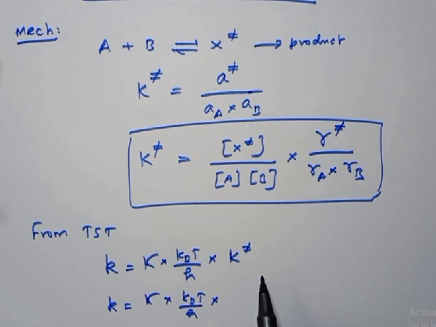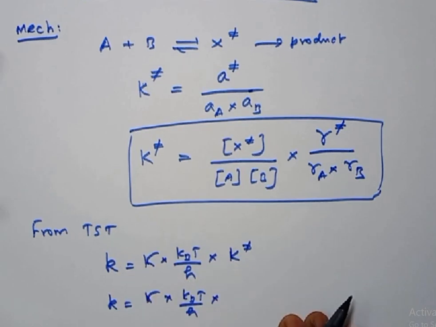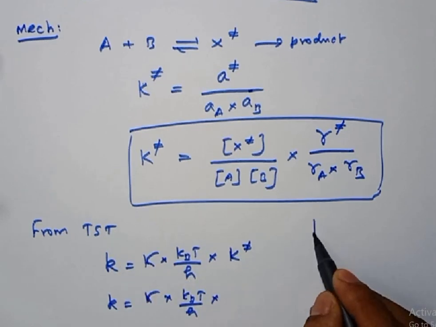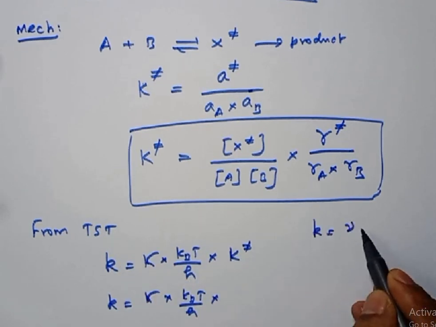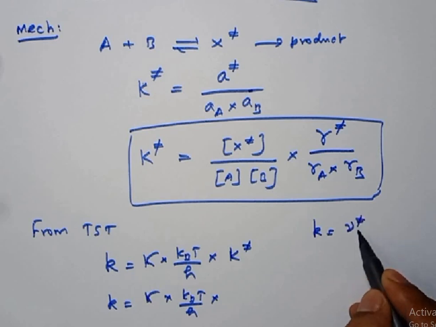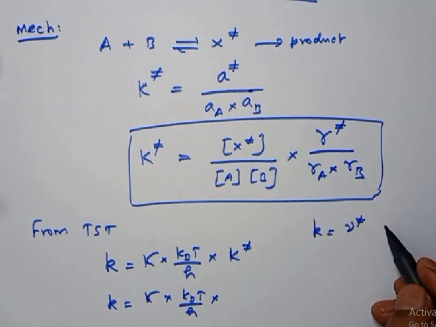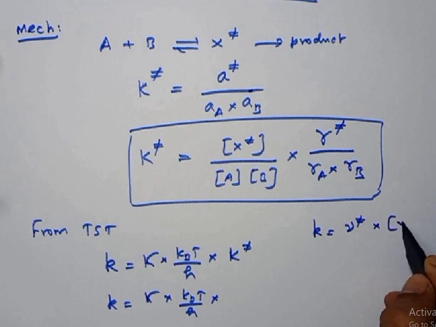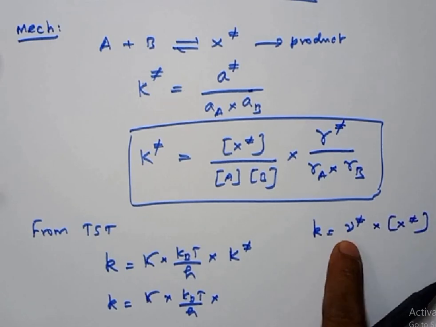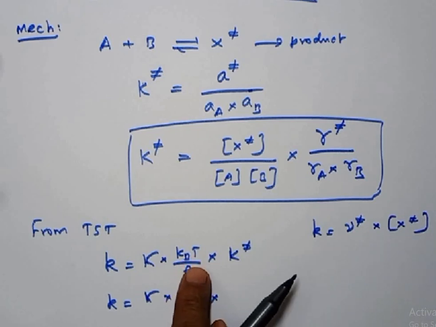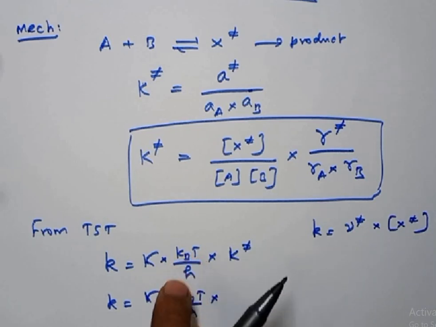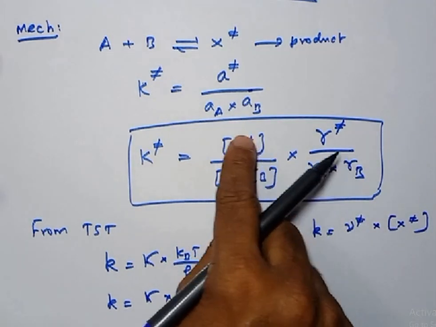Now, from the transition state theory, you know very well, rate is nothing but the frequency with which the activated complex transforms into product into the concentration of the activated complex. The frequency with which it decomposes is nothing but KBT by H. I put that value here. What is the concentration of the activated complex?